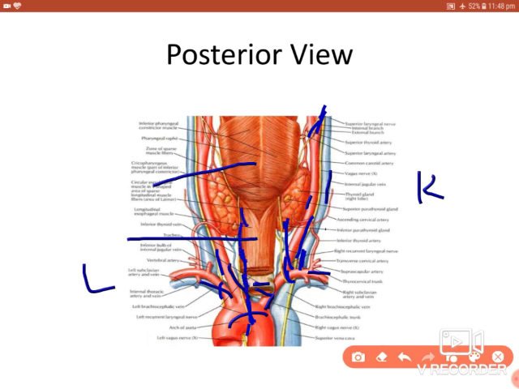Then the medial surface of the thyroid gland relates to the trachea and the esophagus.